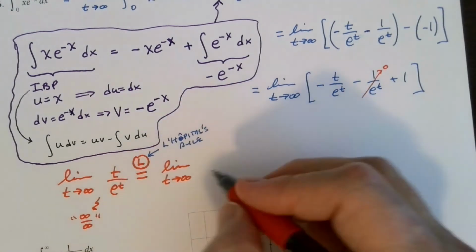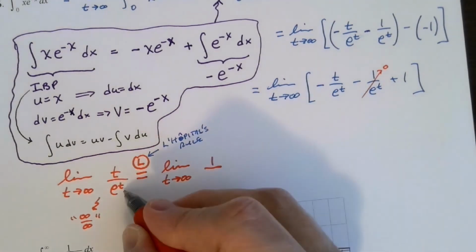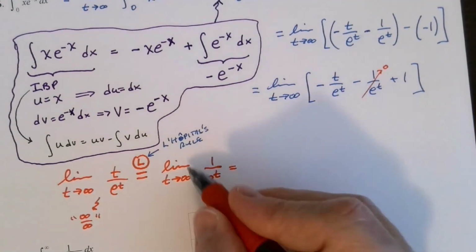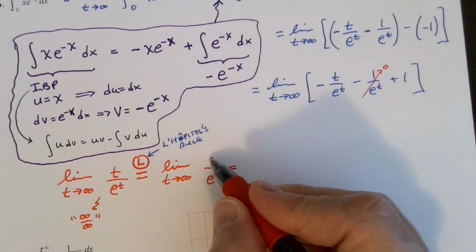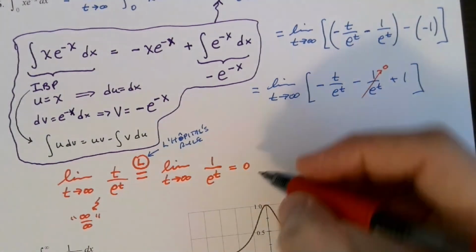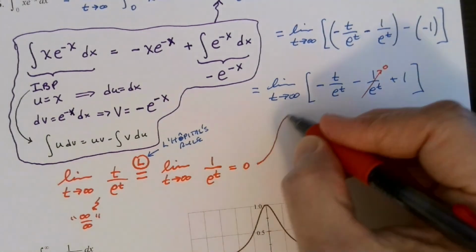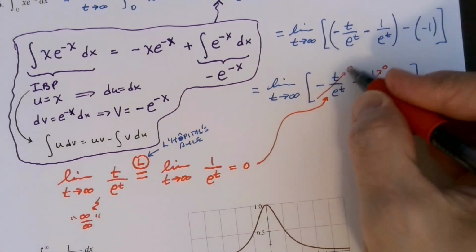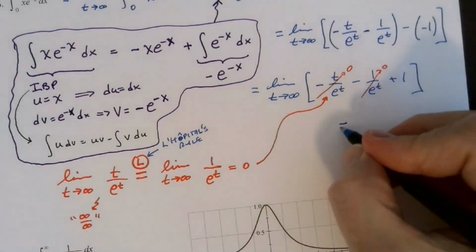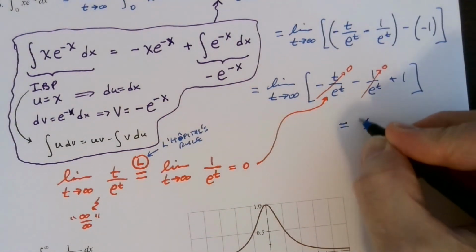So what's the derivative of t? That's 1. What's the derivative of e to the t? That's e to the t. Well, now I can take the limit of this thing as t goes to infinity, right? This is going to 0. And so I can also say that this thing here is going to 0. And therefore the limit is equal to 1.